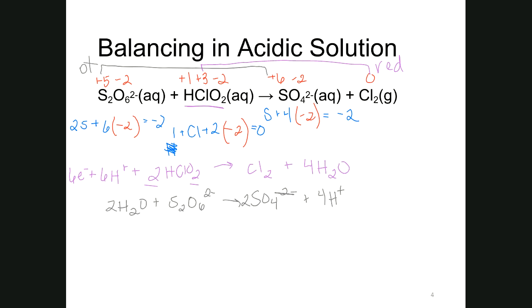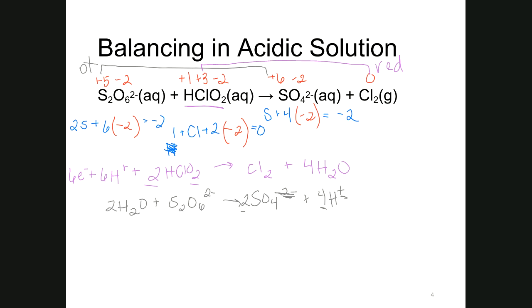So we have an overall charge on the left side of -2, and on the right side we have an overall charge of 0. Now, how did I get 0 on the right side? Because I have 2 of a -2 charge, so that's -4, plus a +4 charge.